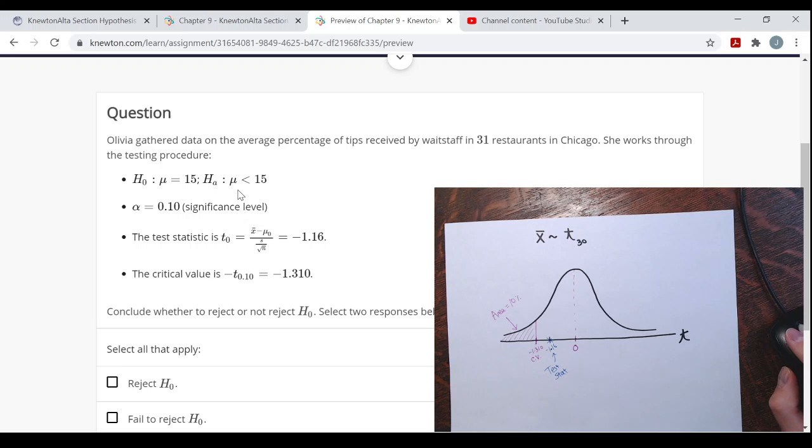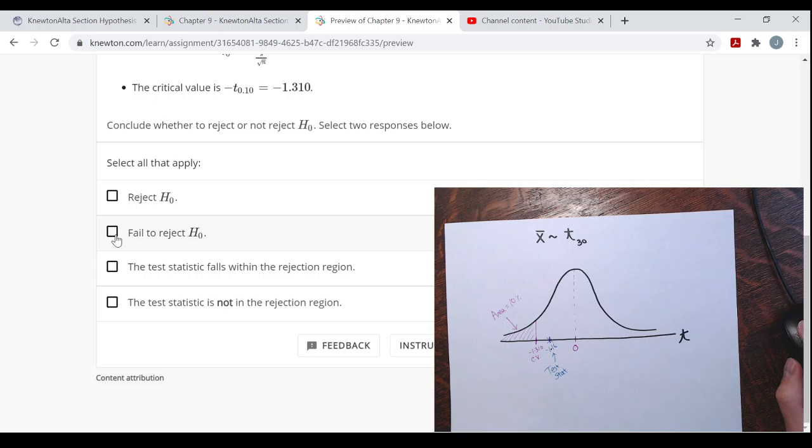I would not support the claim that the average was less than 15, because we're not rejecting the null hypothesis here. So down here it says, I fail to reject the null, and the reason for that is because the test statistic does not fall within the rejection region.